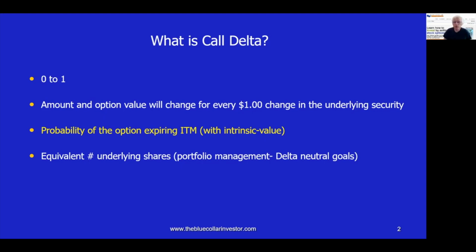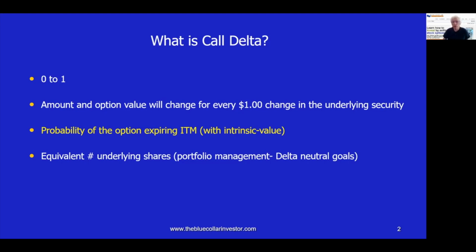Now, a third definition of delta, which is used by portfolio managers and institutional investors, is that delta is the equivalent number of shares. If you own a call option at a 50 delta, it would be the equivalent of owning 50 shares of that stock.